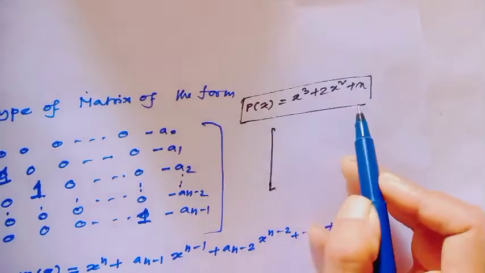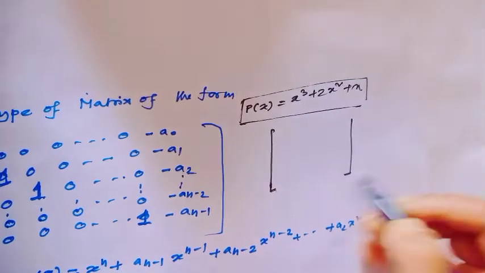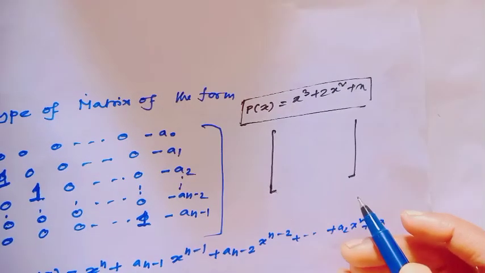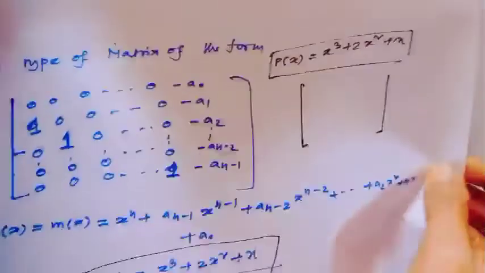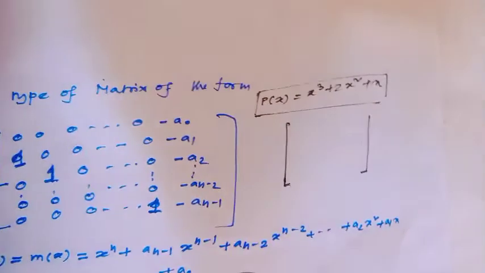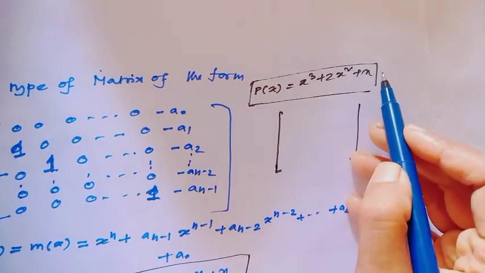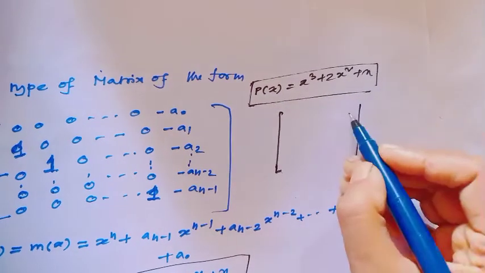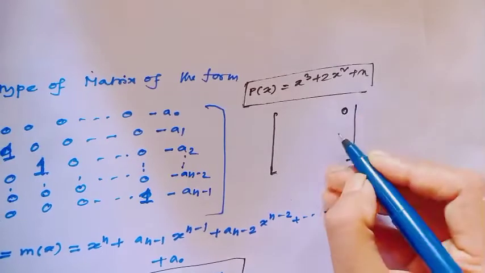This is a very important property of the companion matrix: the characteristic polynomial and minimal polynomial are always the same. If you give this polynomial, it generates one companion matrix, which would be of this type. Notice the polynomial here: there is no a0, so this would be 0. For a1 x, this would be minus 1.